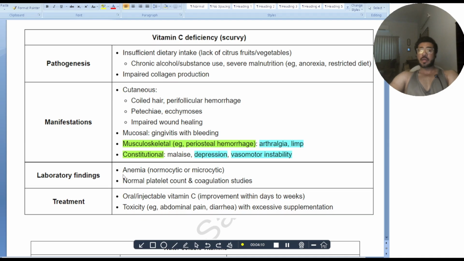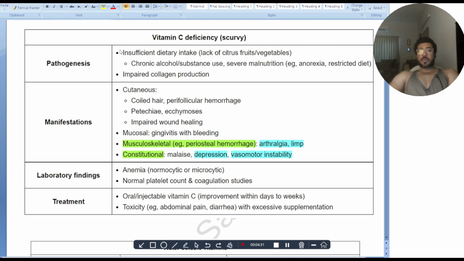That is why you get a typical iron deficiency anemia, that is microcytic and hypochromic. So it's basically just an iron deficiency anemia that is happening because vitamin C is not present, that is affecting the absorption of iron.